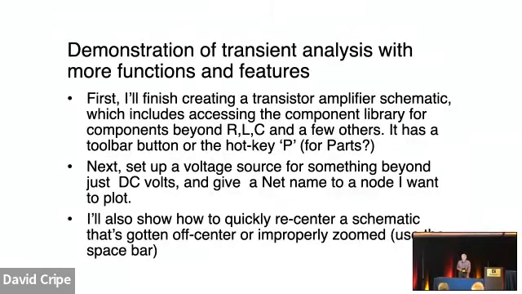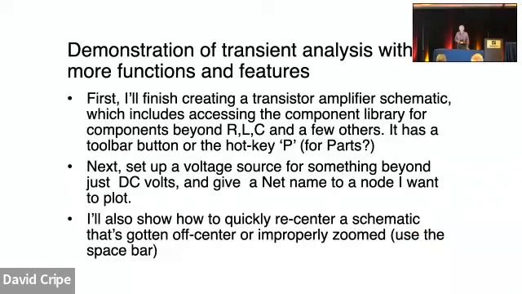I have a partially drawn transistor amplifier schematic, but I left out the transistor because that's the one kind of part I haven't accessed yet, and it's a huge database of parts. Even capacitors, inductors, you can put the ideal one in, which I usually do, but you could choose a Panasonic aluminum electrolytic, and it'll give you the model for that. So if you're trying to get as real as possible, there's cases where you want to do that.